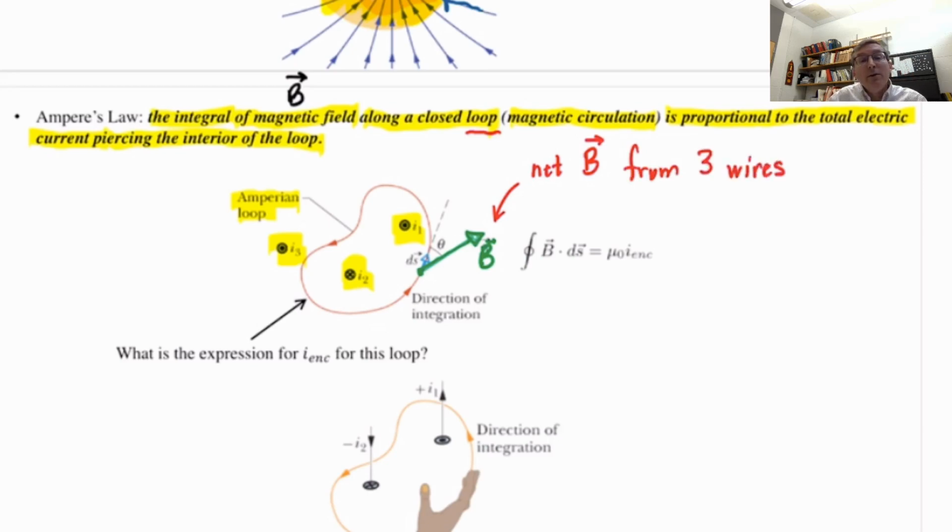And at that one point on the loop, it points in the direction there. And we break up this loop into a whole bunch of little tiny displacements, ds. There's the one for where we are. It's tangent to the loop, see the dashed line? And in a direction that we choose. Oh, it's listed here as direction of integration. We choose that.